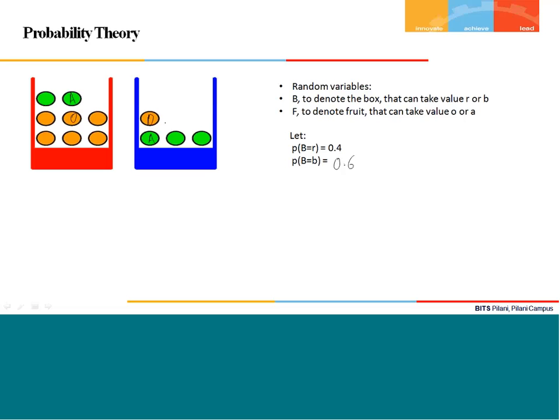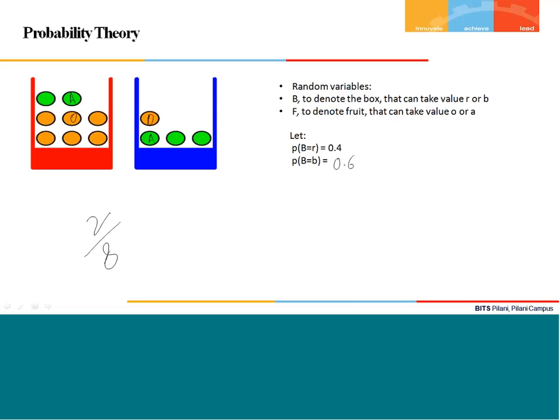Right now there is no need to specify anything, because I know in the red box there are 8 items in total, and out of 8 items there are 2 items of interest, that is apples.